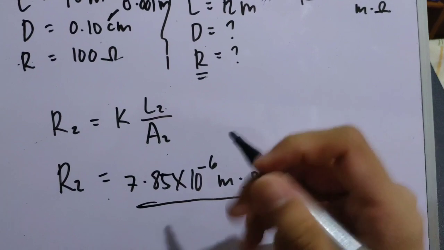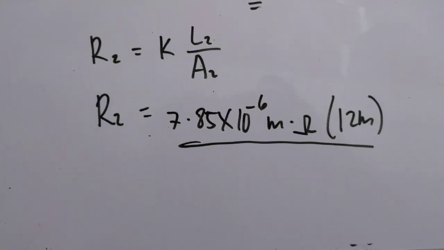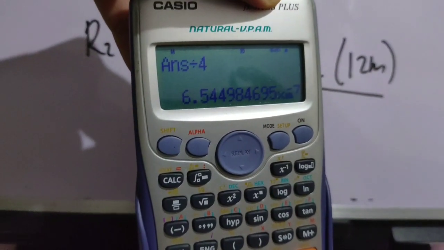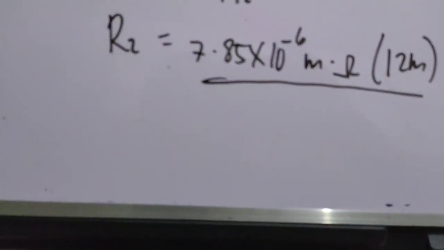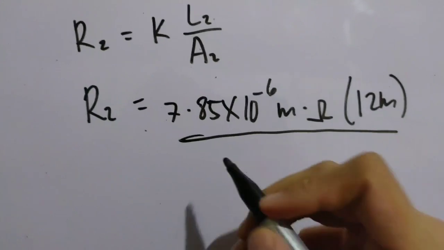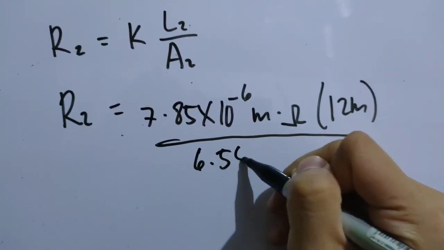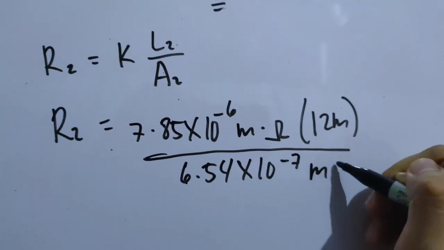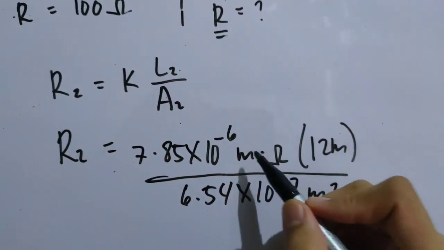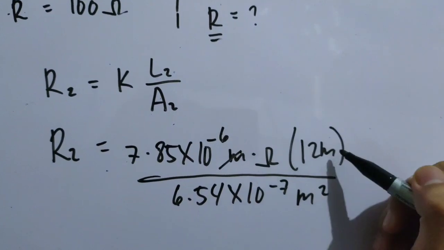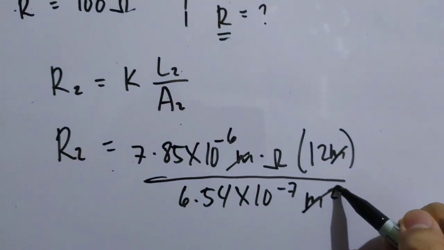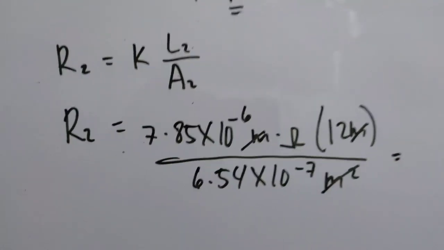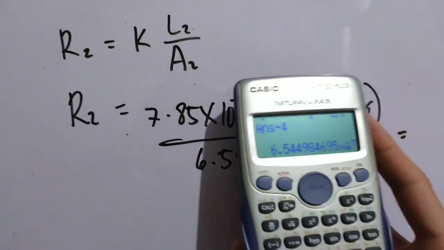Divided by, yung area to natin na nasolve natin kanina, 6.54 times 10 to the negative 7 square meters. So ito, makakancel yung 2 meters sa taas tsaka yung square meter sa baba. So matitira lang dito ay yung ohms.